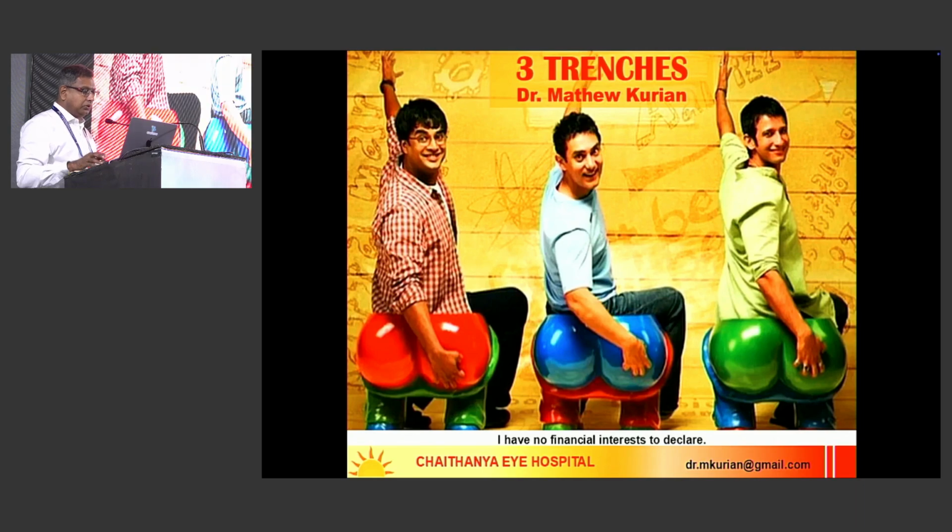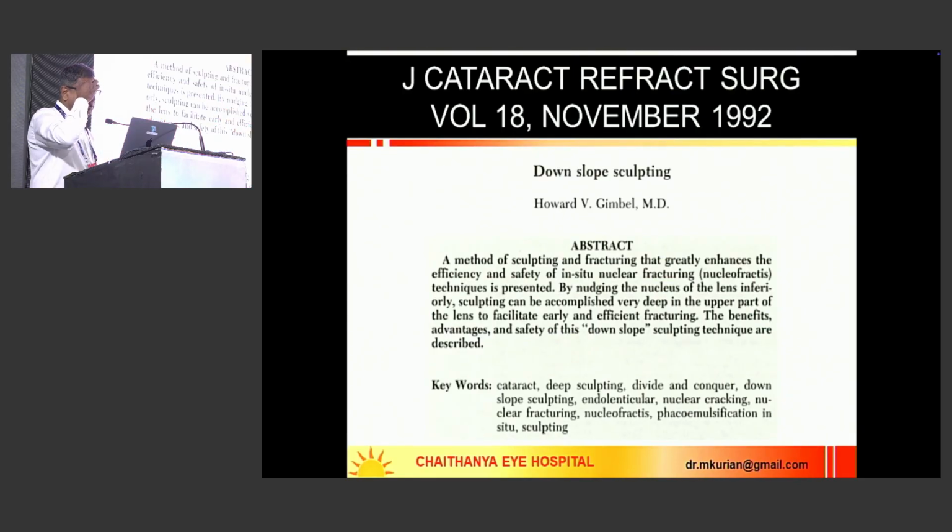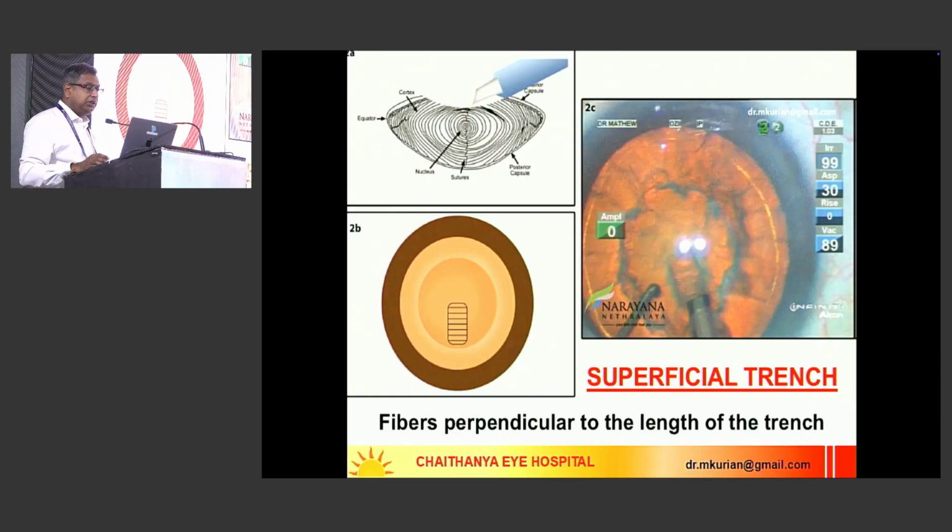So this is what I call the three trenches technique that I use, and it's based on Gimbel's downslope sculpting, which was published in '92. Proximal downslope sculpting starts from just within the rhexis.